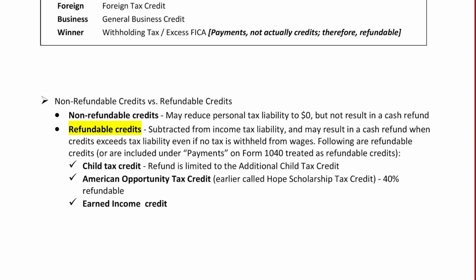Refundable credits include the child tax credit, where the refund is limited to the additional child tax credit; the American Opportunity Tax Credit, which is 40% refundable; and the Earned Income Credit. Put a star there, one of the most important refundable credits.